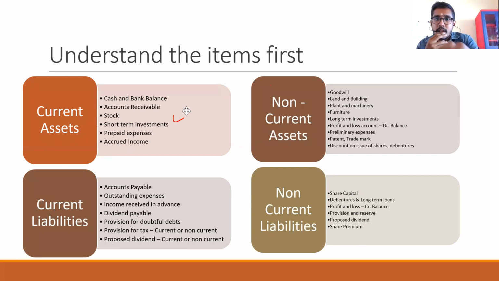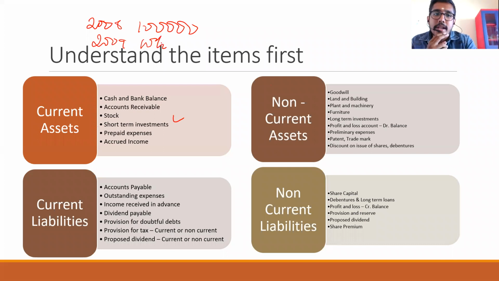For example, I started the business and the preliminary expense was rupees 1 lakh, in 2008. And in 2009, I will be writing off 10%. Every year, I'll be writing off 10% of preliminary expenses.